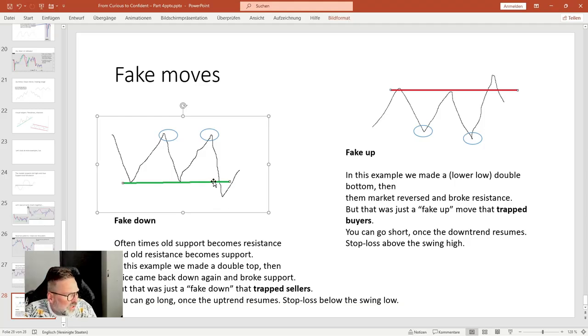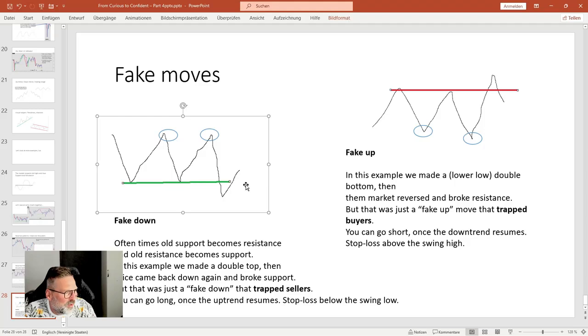The sellers wanted to either sell the breakout directly, or they waited for a touch here, old support that now became resistance. They placed their stop loss somewhere here, and they bet on continuation down, which didn't happen. They got stopped out. So when you see something like that, obviously you shouldn't have sold it.